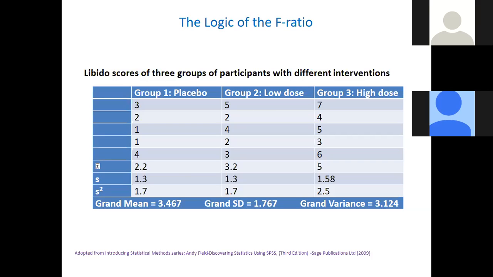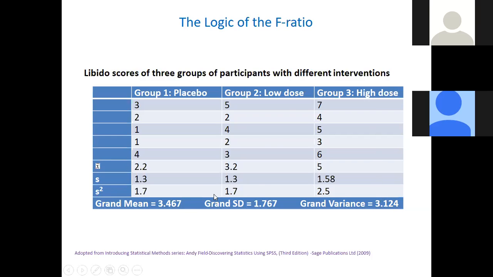When we square the deviation from the mean and add it together, that is the sum of squares, and divided by the degrees of freedom, that is the variance. So for total variance for this data set, we add all the 15 together, calculate the mean, and calculate the variance. This is the total variance, 3.124.